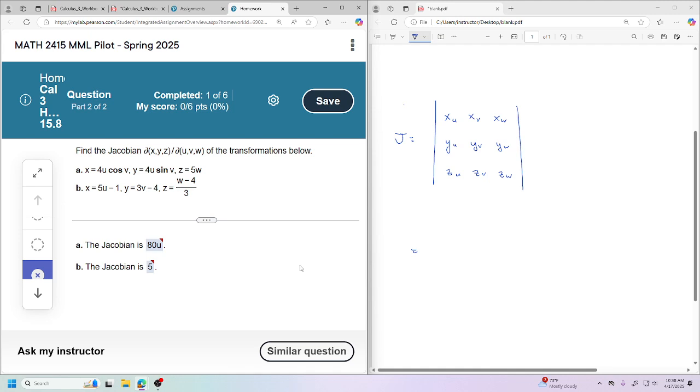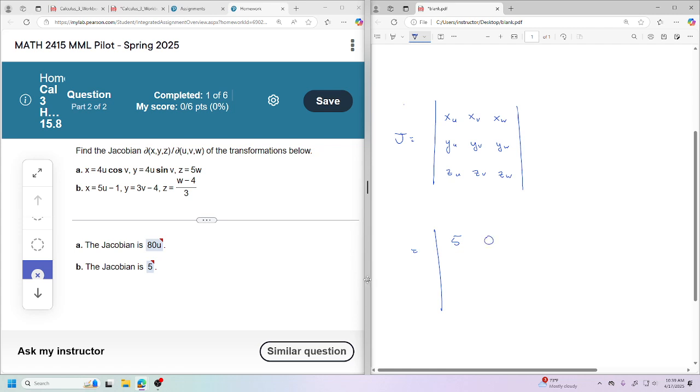Okay. So let's do this thing. I'm going to do the bottom, and then we'll go back up to the top. It won't be too bad. The x, I'm going to find the derivative in terms of u. What would I get? Just 5. Because it's x in terms of u. And then what's x in terms of v?